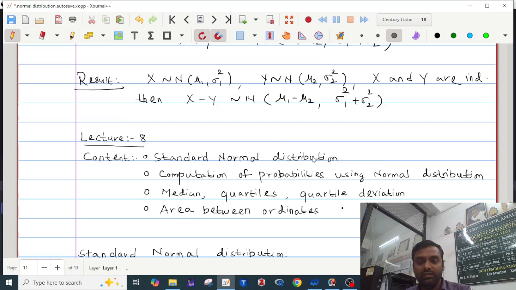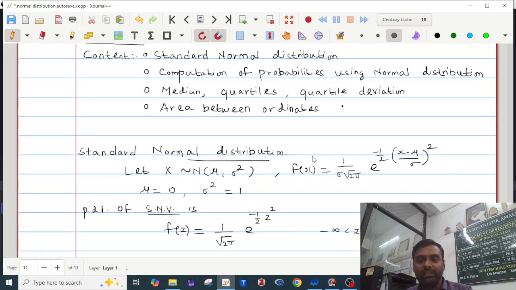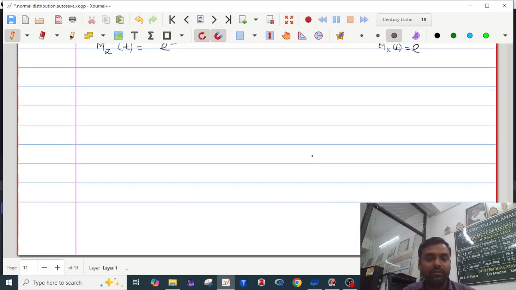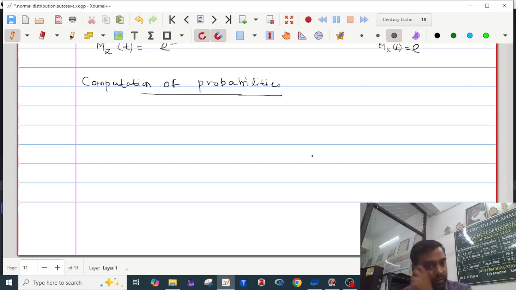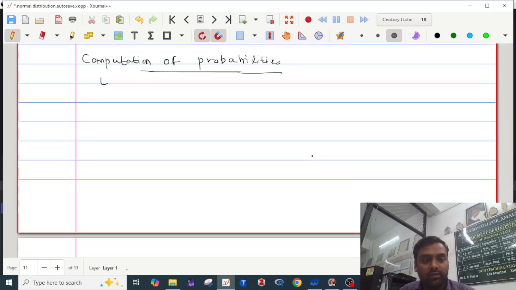The next topic is computation of probabilities using the normal distribution. Suppose X follows normal distribution with parameters mu and sigma square, and we want to find the probability of X greater than a.